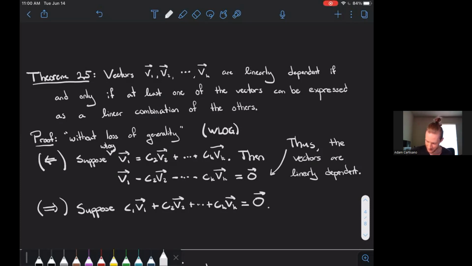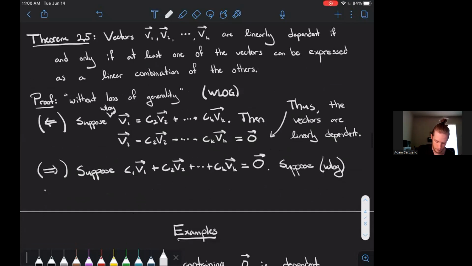Suppose, without loss of generality, that c1 is not zero. It could have been that c1 was equal to zero, but c4 was not, or something.